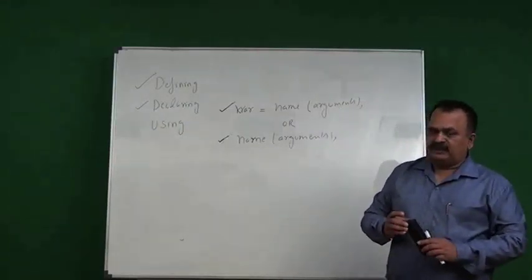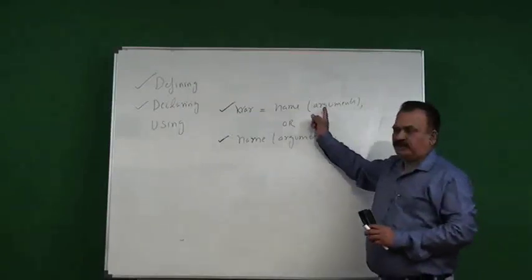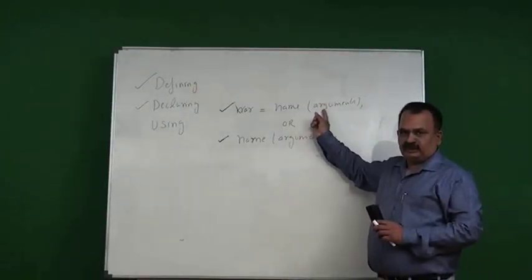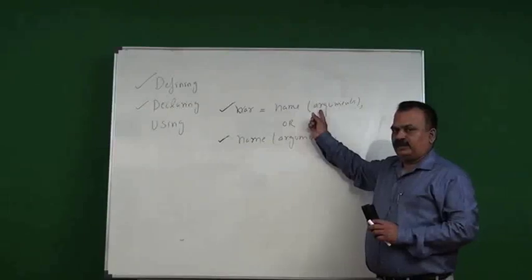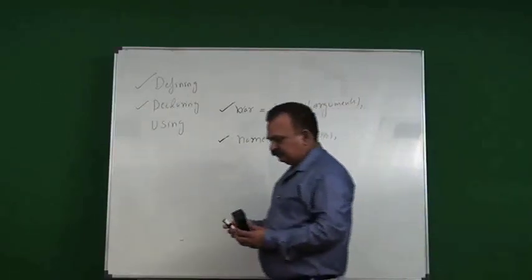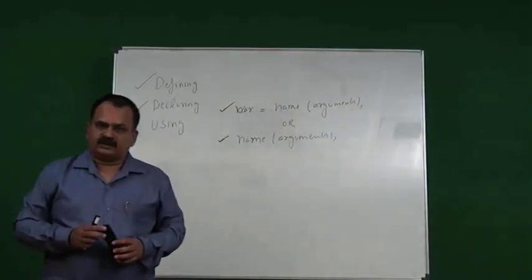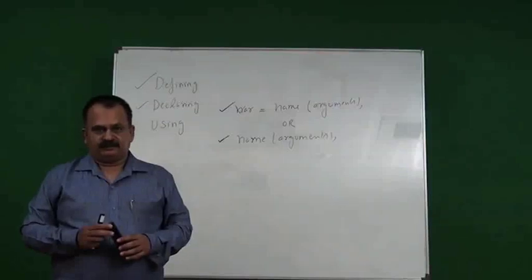That means if the number of arguments is 3 at the time of definition, these should be 3 at the time of using the function, and these should be of the same type. In simple words, the name and type of formal and actual arguments must be the same.